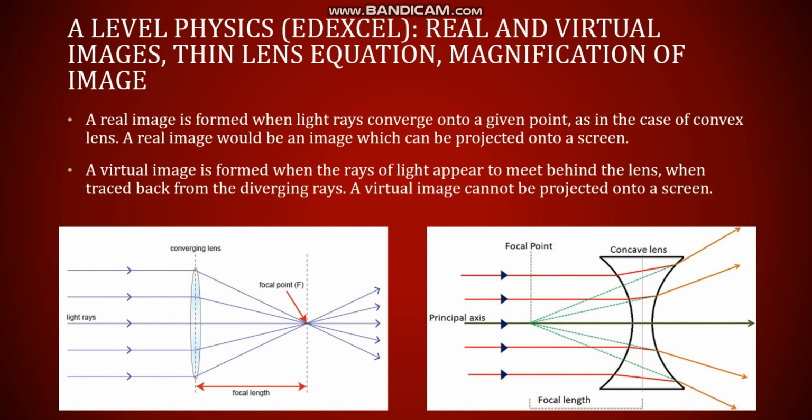What we need to do is use virtual dotted rays and trace them back from the diverging rays, and at the point where every virtual ray converges, that would be referred to as the focal point, which would be the point where the image is formed, behind the lens. And yet again, the distance between the focal point and the lens axis of a diverging lens is referred to as the focal length.